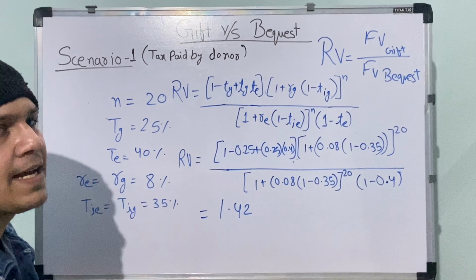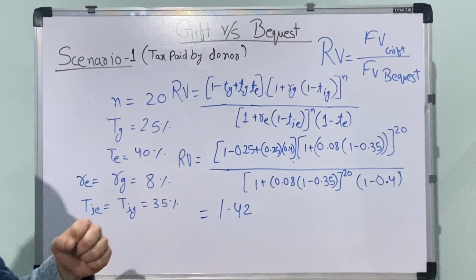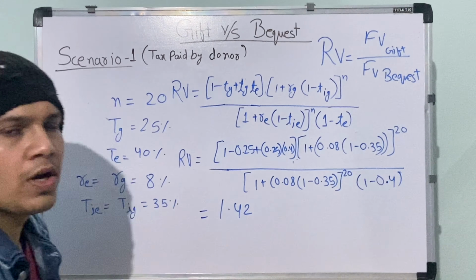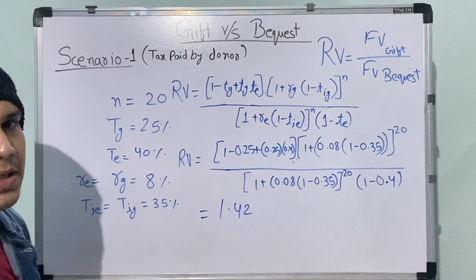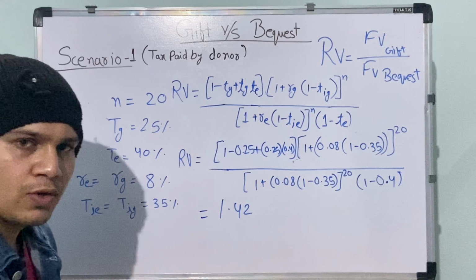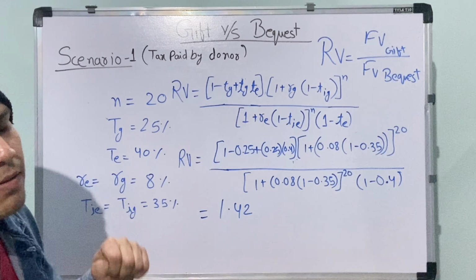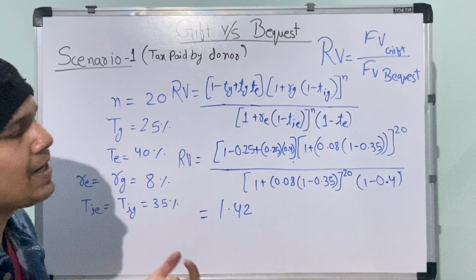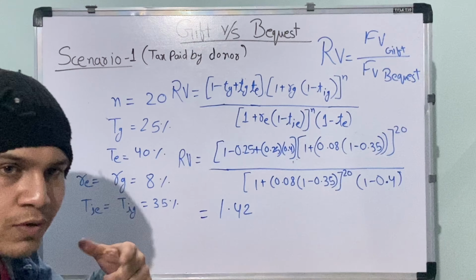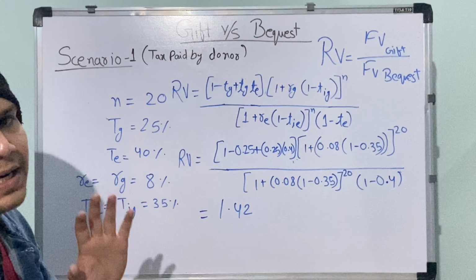So in all three cases, whether the tax is paid by the donor or receiver, or the gift is tax free, in all the cases it is beneficial to give a gift today as compared to giving it after death. But there is one important aspect to it. If you give a gift today, you won't have control over that gift.